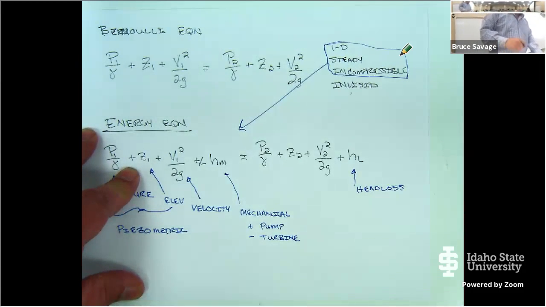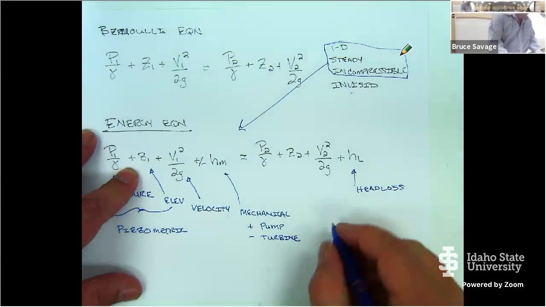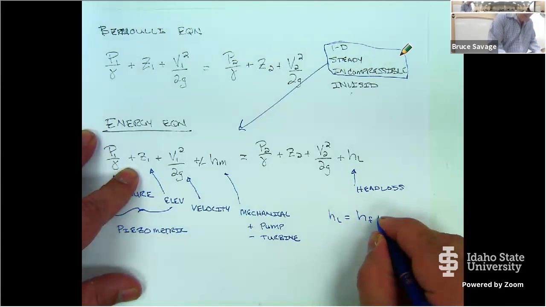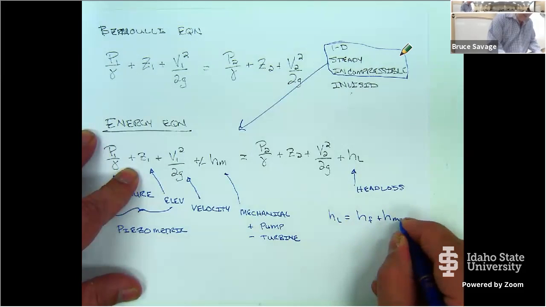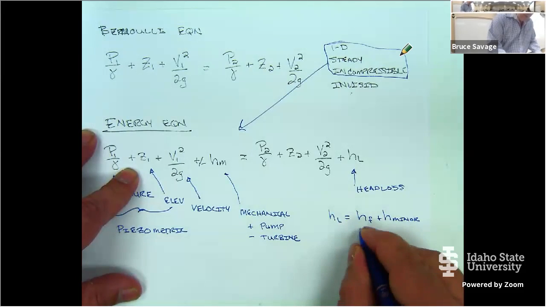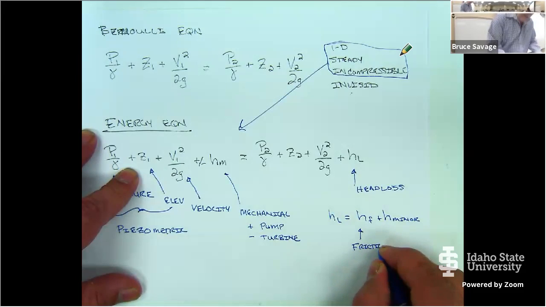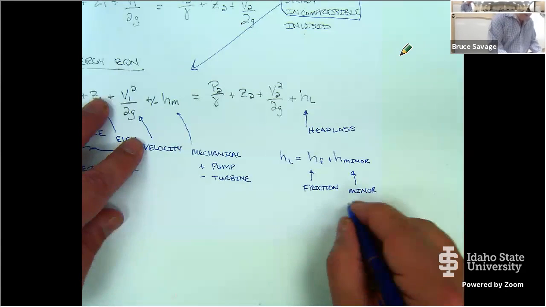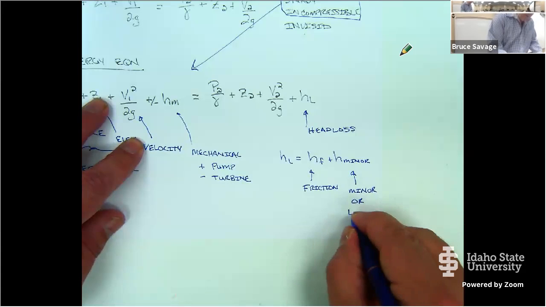And head loss can be broken into 2 parts. So head loss is equal to H sub F plus H sub minor. So this is friction losses. And this is what we call minor or local losses.